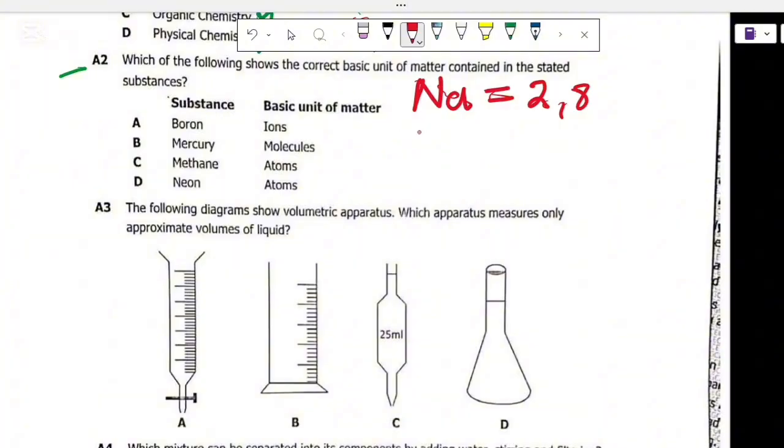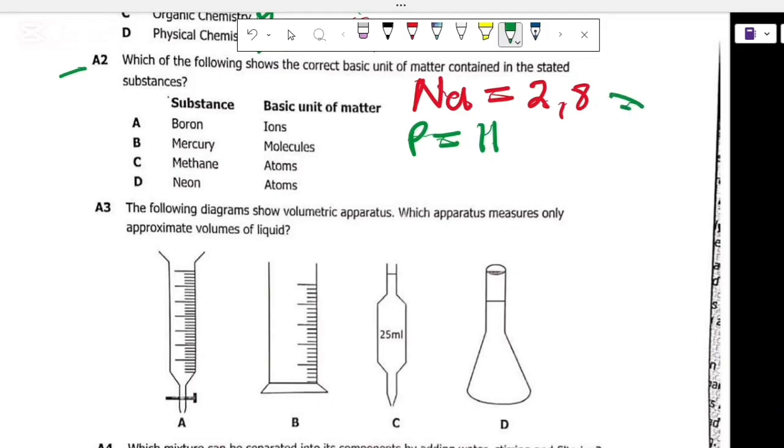So the number of protons, initially before the electron was lost, you know that the proton number was 11, right? So obviously it should be 11. And also initially the number of electrons was equal to the number of protons. It was 11.